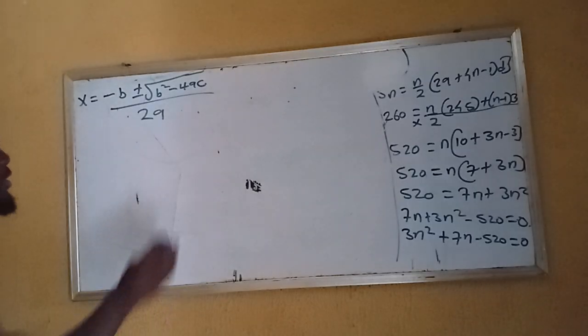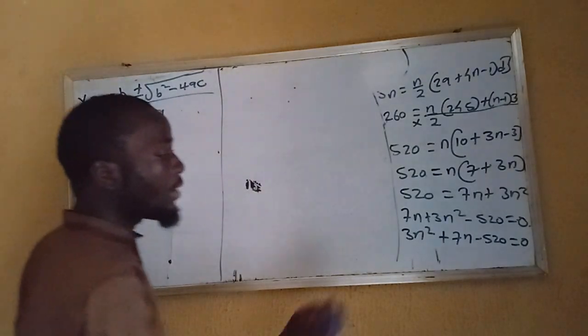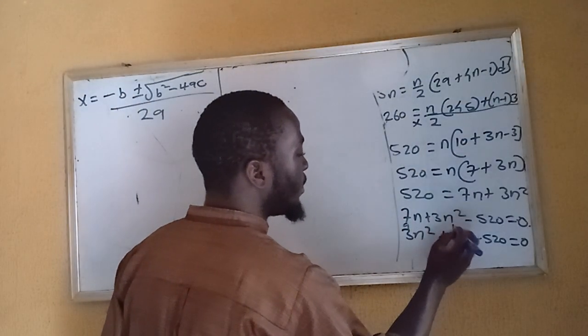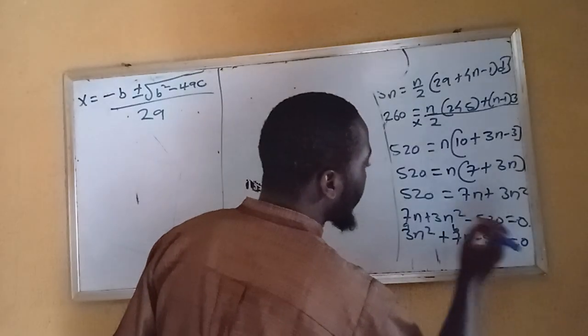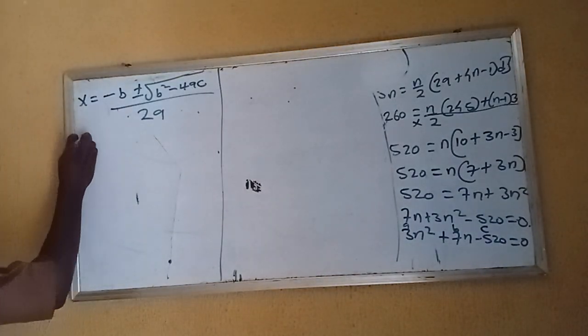This is the quadratic formula. So using this, this is our a, this is our b, and this is our c respectively.